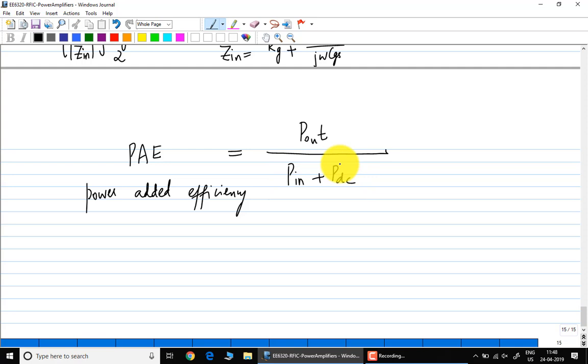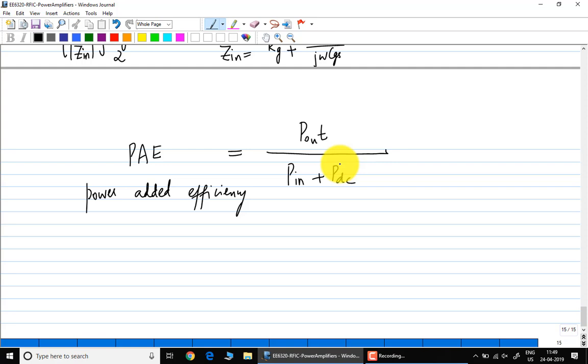As you can see, if the gain is very large, this Pin will be very small, right? If the gain is large, Pin can be very small, and therefore the PAE can approach the drain efficiency clearly.